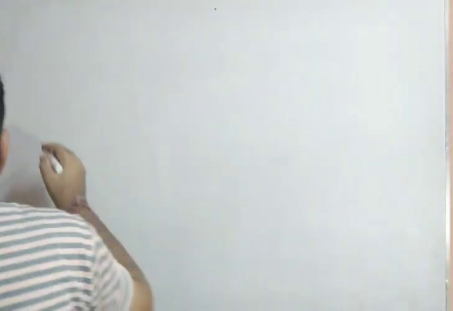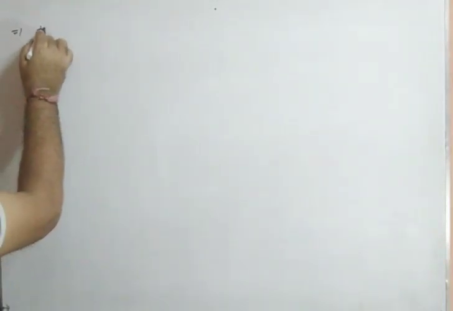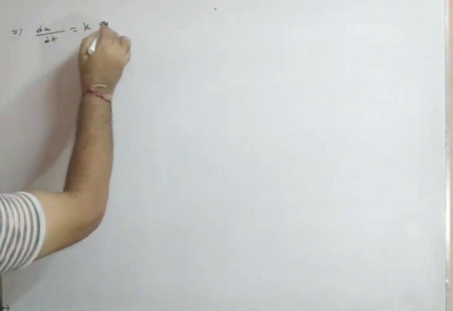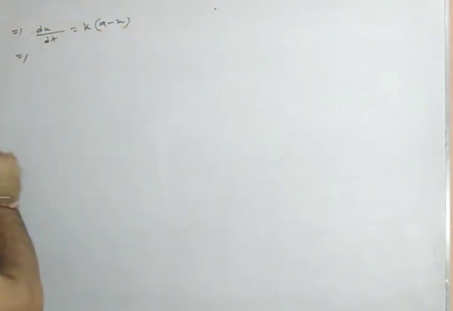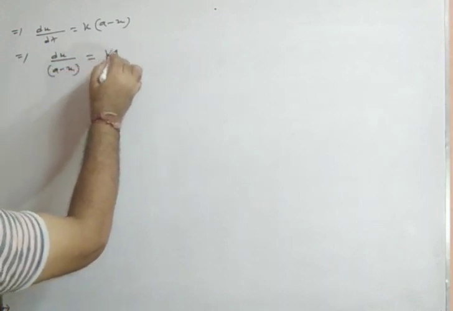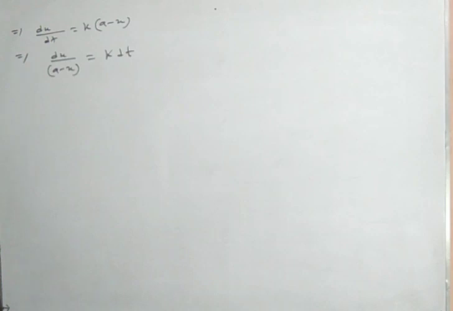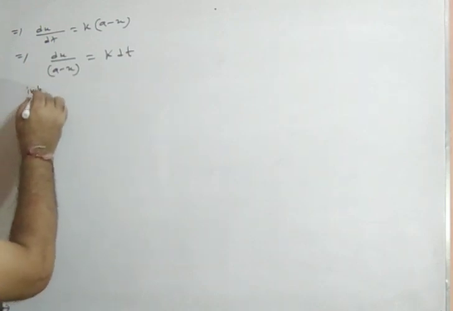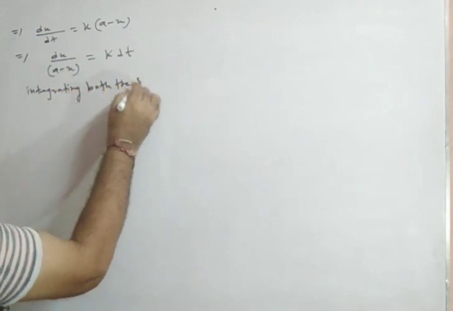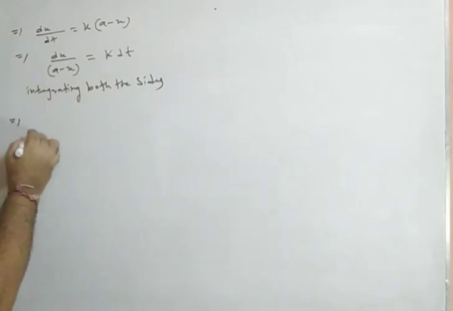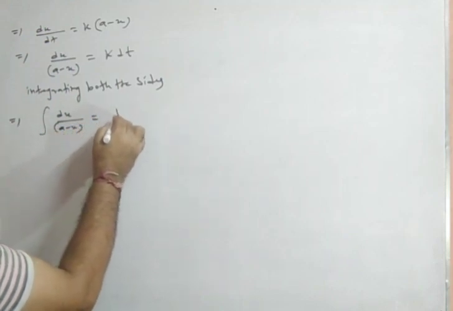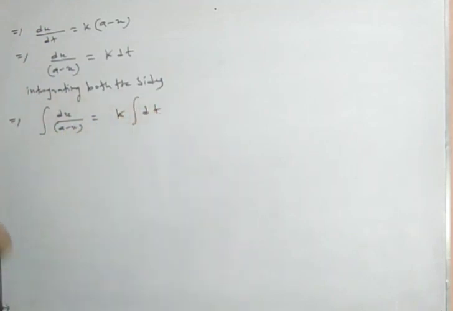So we can write what? dx by dt is equal to k (a minus x), or dx by (a minus x) is equal to k dt. Integrating both the sides, that is integral of dx by (a minus x) is equal to k dt. k is constant.